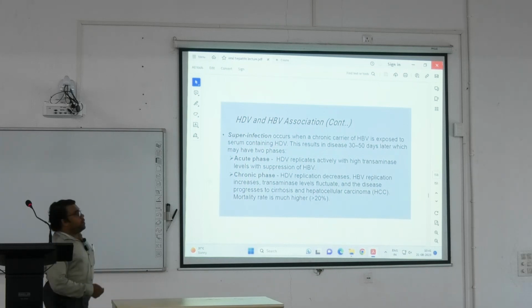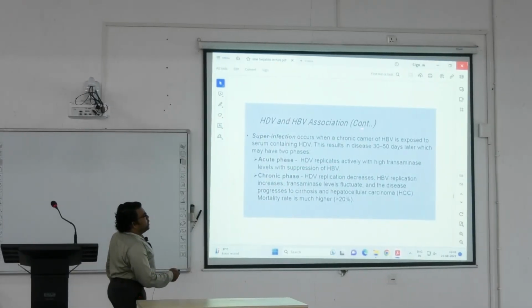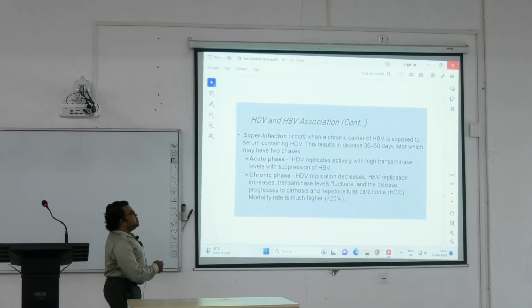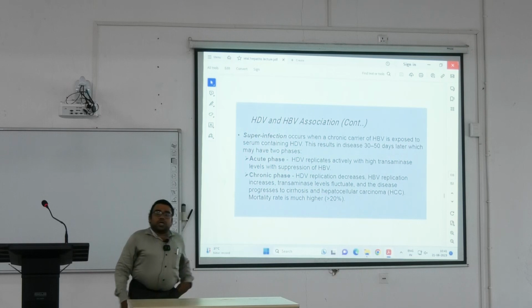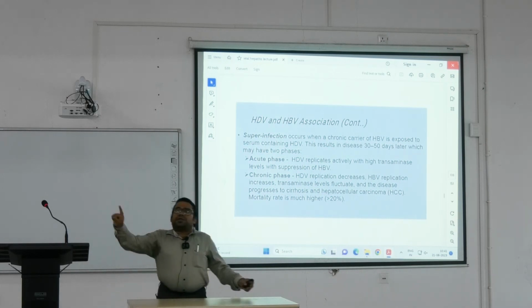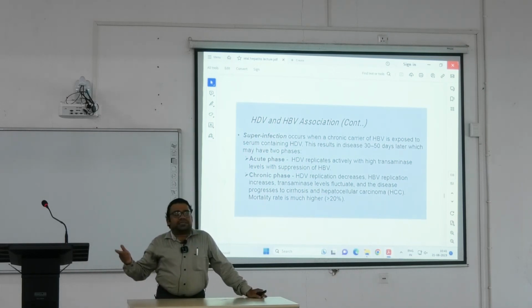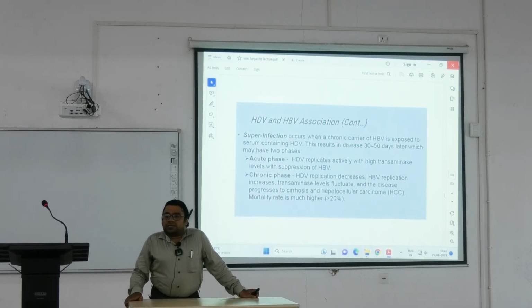In co-infection, the person who was previously naive gets infected with both the viruses at the same point of time. So the B virus infection occurs first, later on the D virus produces its pathogenesis.